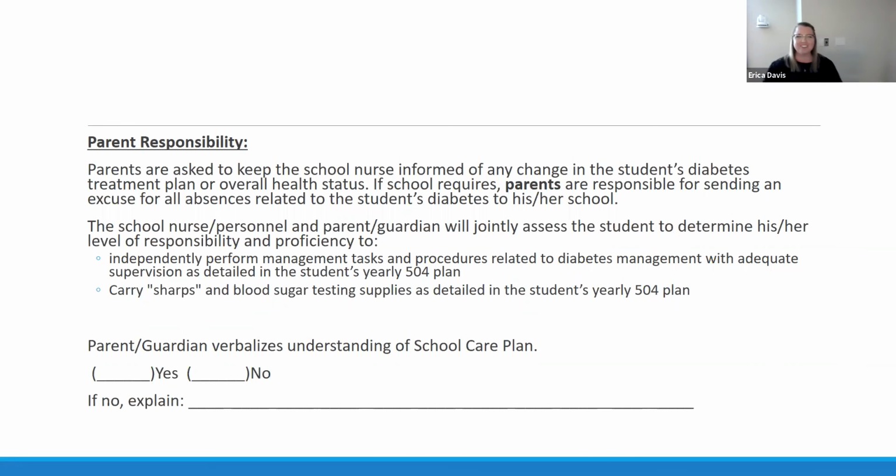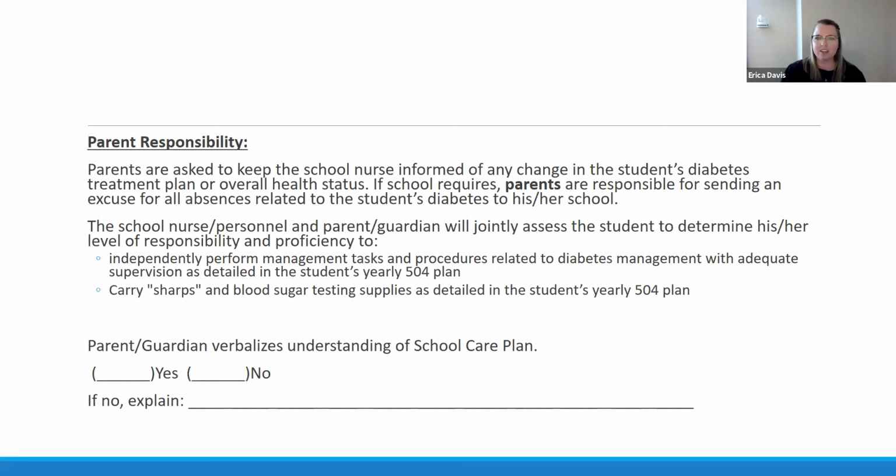All right, so our last section in our school care plan is the parent responsibility section. We tell the parent at every single appointment or every single class that they are responsible for keeping the school informed of any changes to the student's diabetes treatment plan or their overall health.